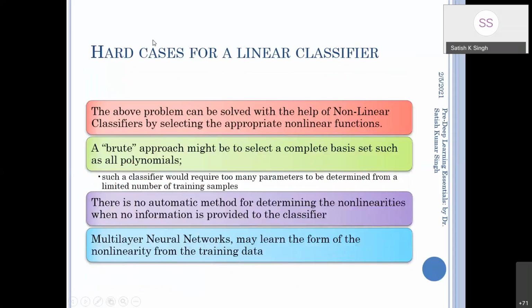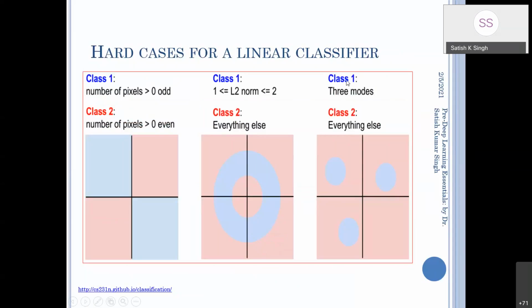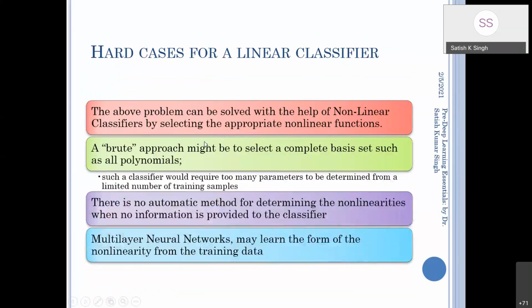So the above problem can be solved with the help of a non-linear classifier. If this kind of distribution is there, then these kinds of problems can be solved by using non-linear classifiers, by selecting the appropriate non-linear functions.